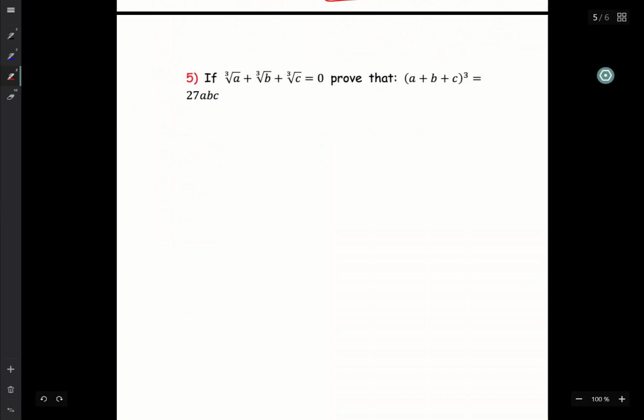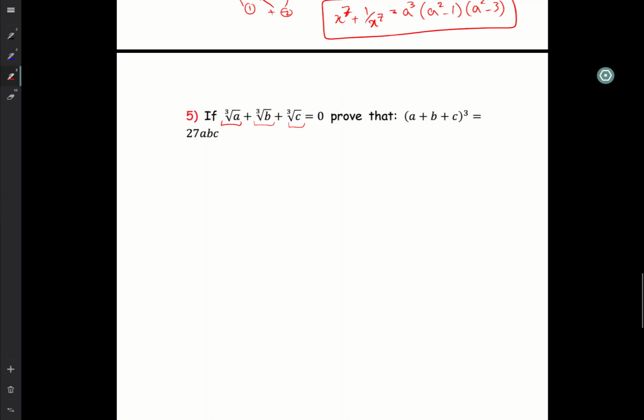All right, question 5. If the cubic root of a plus the cubic root of b plus the cubic root of c is 0, prove that a plus b plus c cubed is 27abc. All right, that's very interesting.